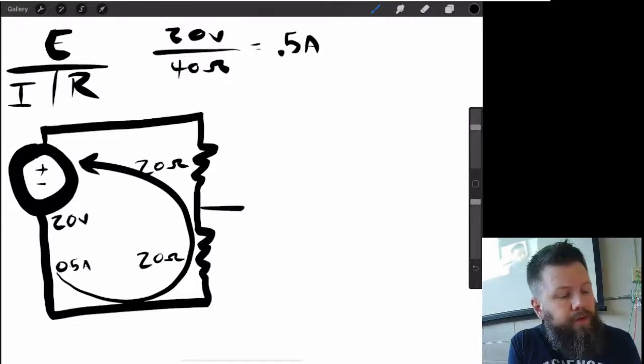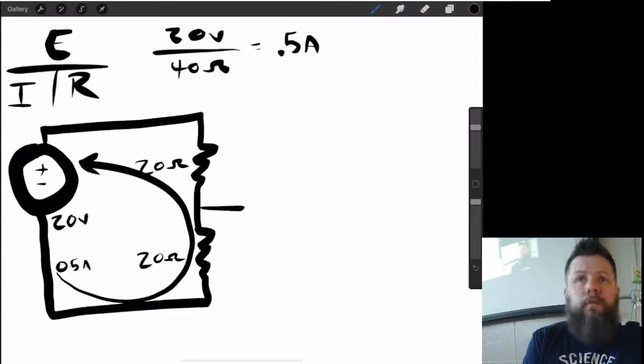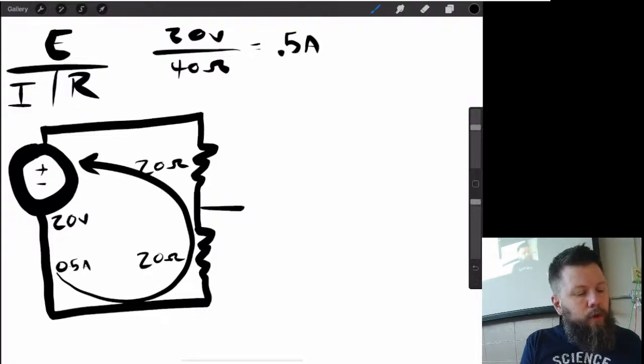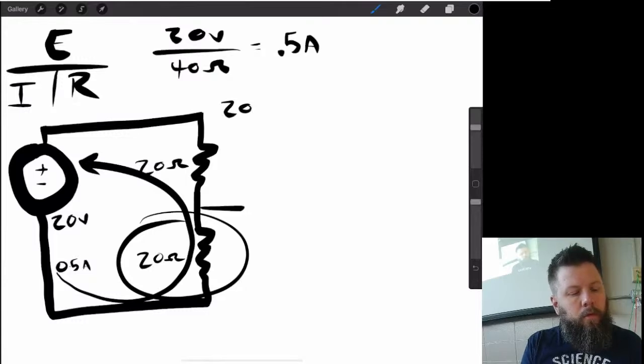All right, so total voltage drop would be that 20 volts, right? If we go through 40 ohms, like right now, it's going to be 20 volts. So what's the voltage drop just around this? Yep. So multiply 20 times 0.5 amps.